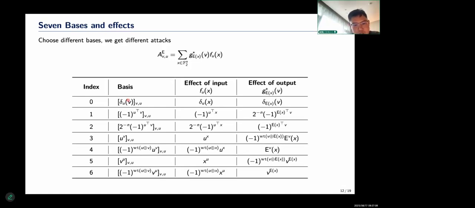So we choose one for the input, choose one for the output, and then we replace the effect of input and output with the elements in this formula, and we can get the expression for different attacks.